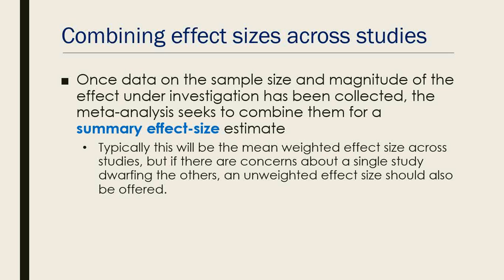But if there are concerns about a single study dwarfing the others, an unweighted effect size should also be offered. Now it's not uncommon to find in a meta-analysis the weighted and the unweighted effect size given. Typically these won't vary too much and you should reach the same conclusions.